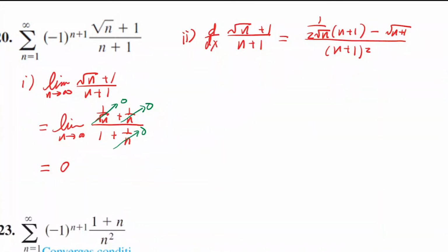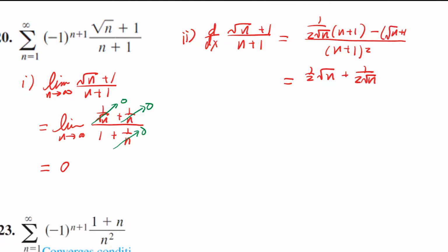Okay, then I'm going to distribute this thingy. So I will have 1/2 square root n. Too much algebra? Plus 1/2 square root n in the denominator minus, I see why I put parentheses because I screwed up.